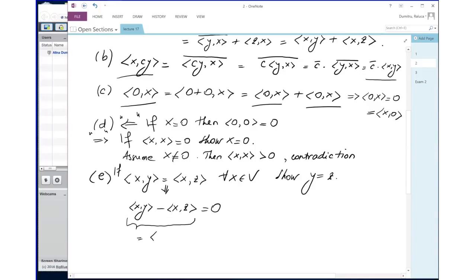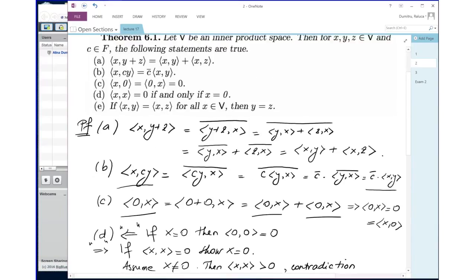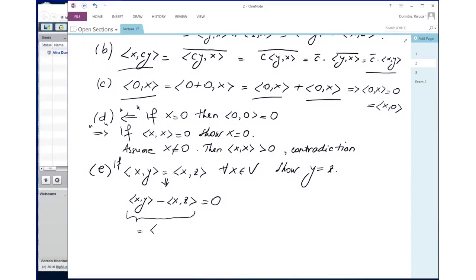Why would I subtract? Use property A. You would use this one, right? Combine maybe with the second one, c equals -1. It's just linear in the second. That's the inner product between x and y minus z. This is 0, and I know that this holds for every x, right? That's my assumption.